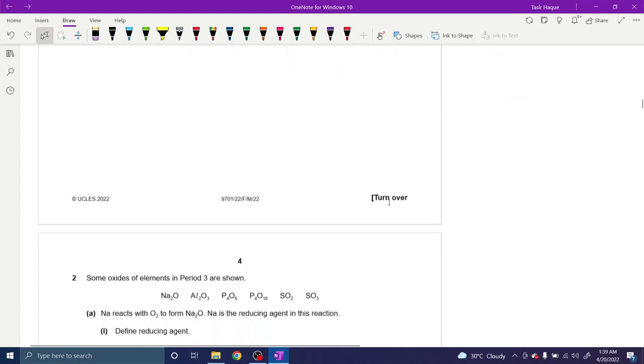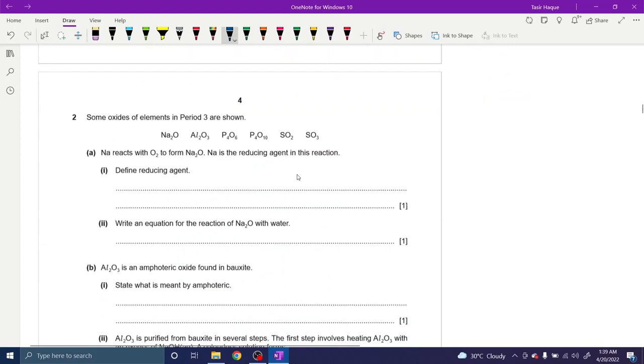Okay, define reducing agent. So guys, remember, a reducing agent is a species that donates electrons. Okay, so a reducing agent reduces somebody else and is oxidized itself in the process. So it donates electrons. Now always answer oxidizing and reducing agents in terms of electrons.